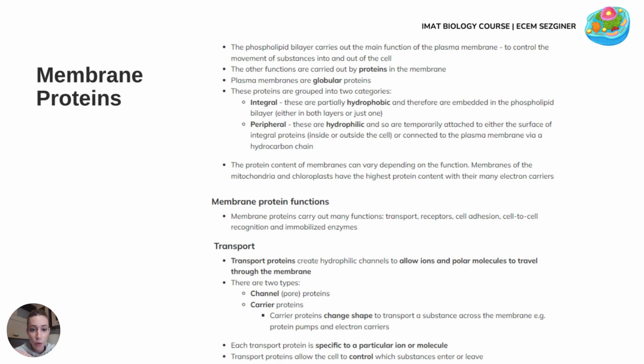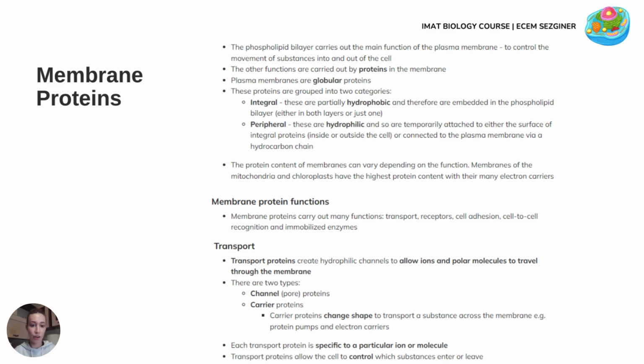Plasma membrane proteins are called globular proteins, and these globular proteins are a huge family of proteins, okay? And we can have two subcategories of globular proteins. First one is integral. They are partially hydrophobic, and therefore they can attach to the phospholipid bilayer.